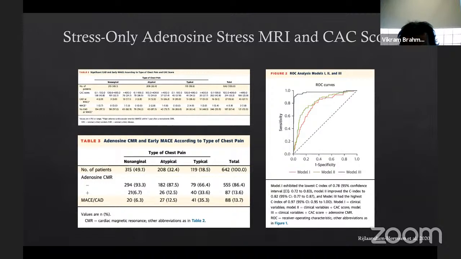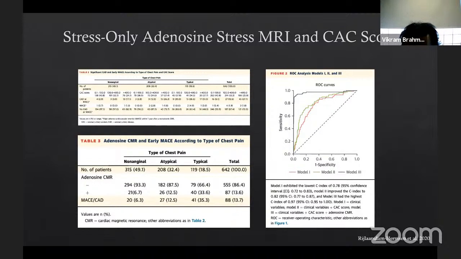Or if patients didn't go to the cath lab, they looked at MACE as well. So they found obstructive disease in 12%, and the sensitivity and specificity of MRI was excellent. So 91% sensitivity, 99% essentially specificity, and excellent negative and positive predictive values as well.